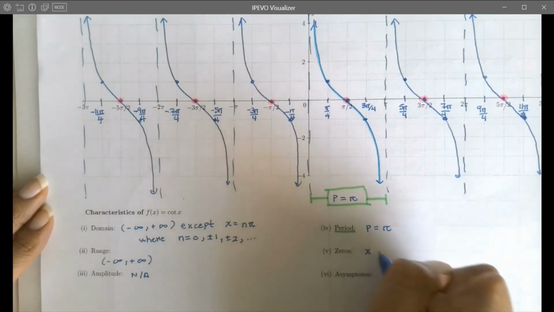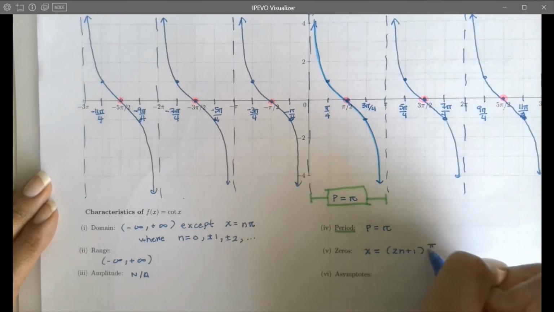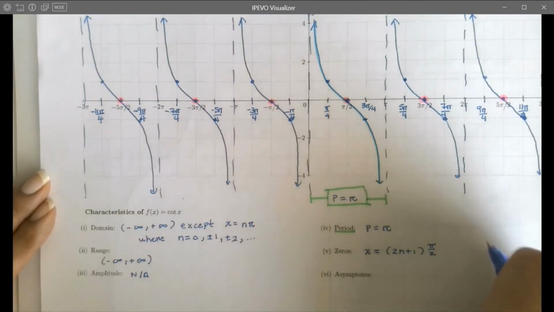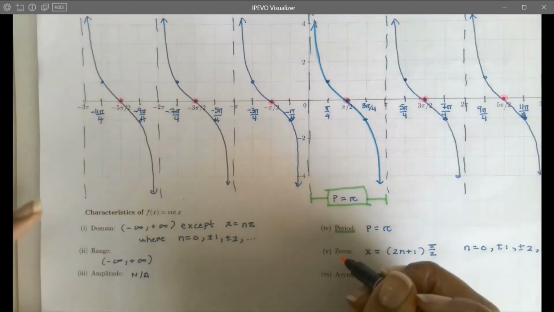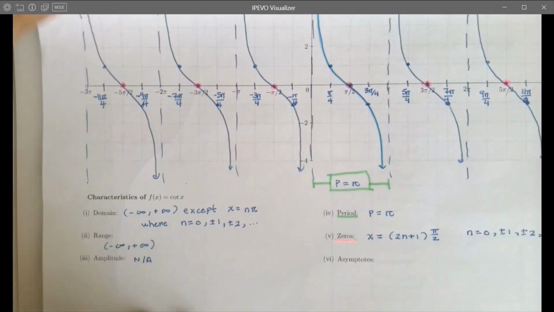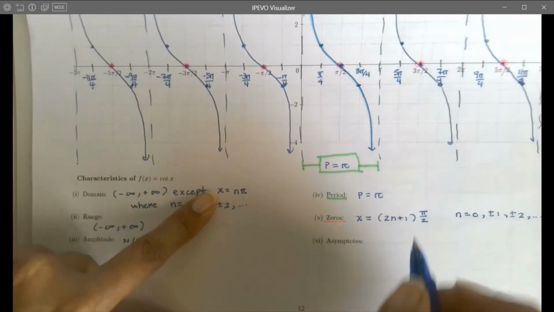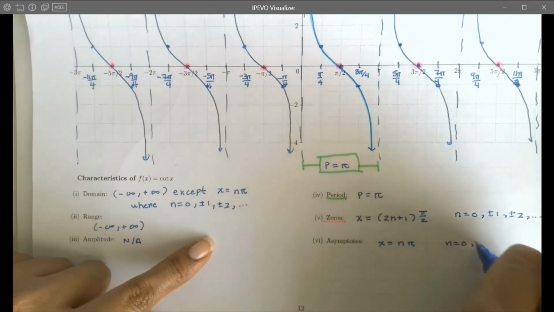So the zeros are at odd multiples, so that's (2n plus 1) times pi over 2, where n is going to be 0, plus or minus 1, plus or minus 2, and so on and so forth. Okay, and finally the asymptotes. The asymptotes are going to be given by whatever we excluded from the domain, which in this case was x is equal to n pi, where n is any integer.